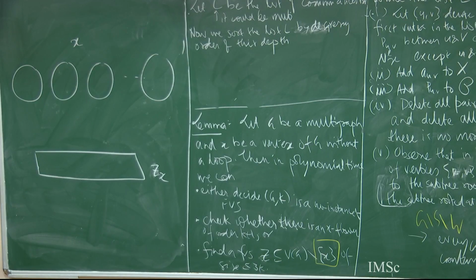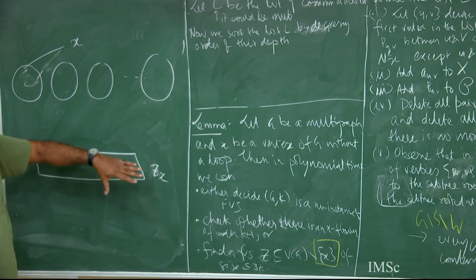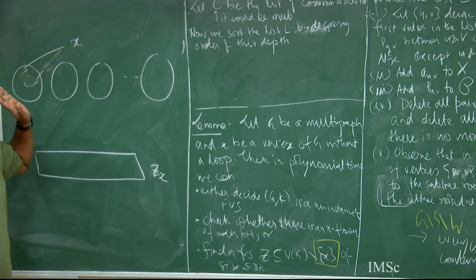At most 1. Suppose X had 2 neighbors, it would have a cycle, then why did you say that Z is a feedback vertex set? No. So that's point 1. Maybe some components may not even have a neighbor to X, that's okay. But every component has at most one neighbor to X, and that's important.